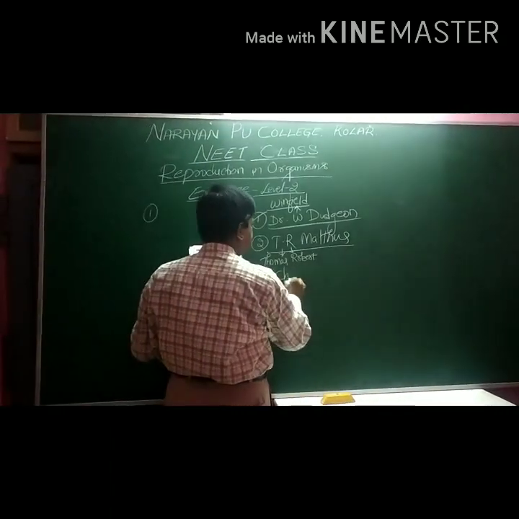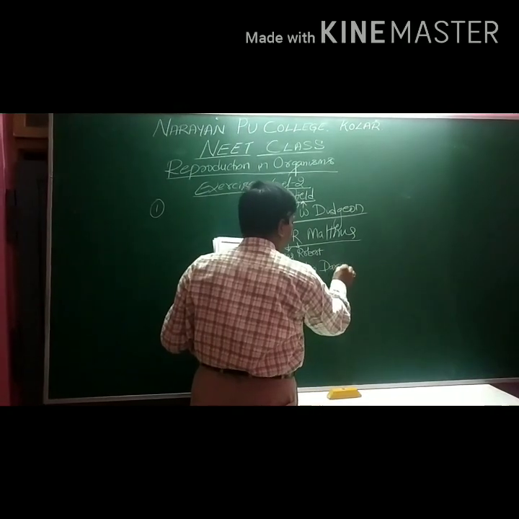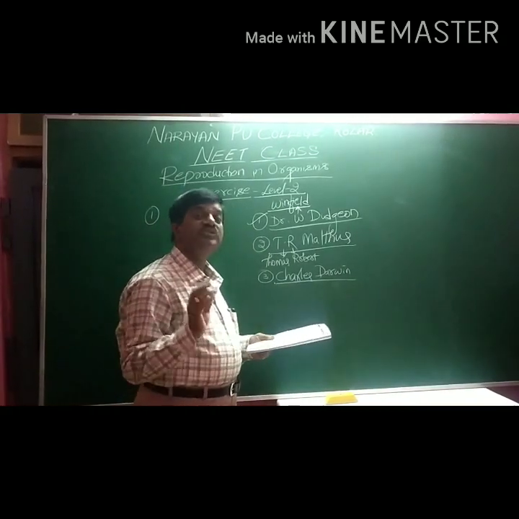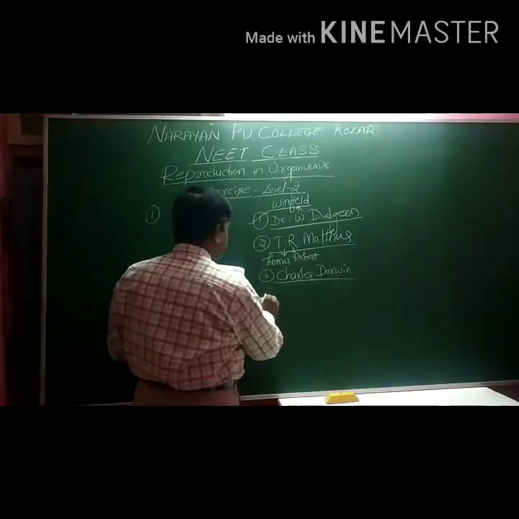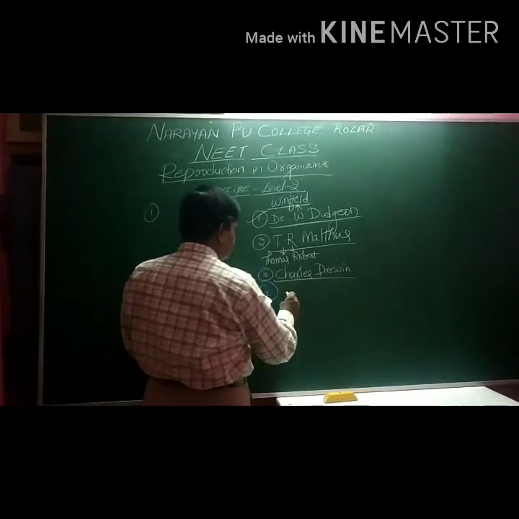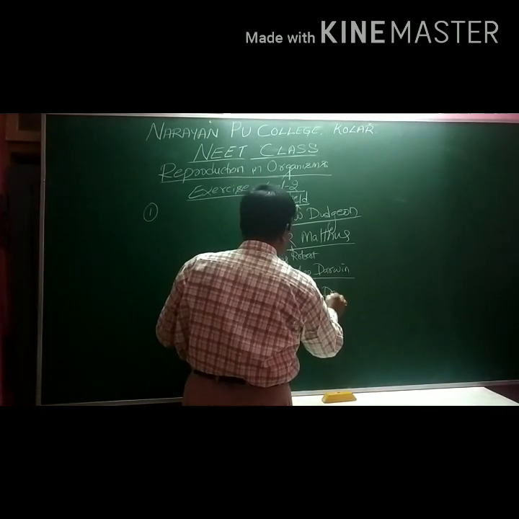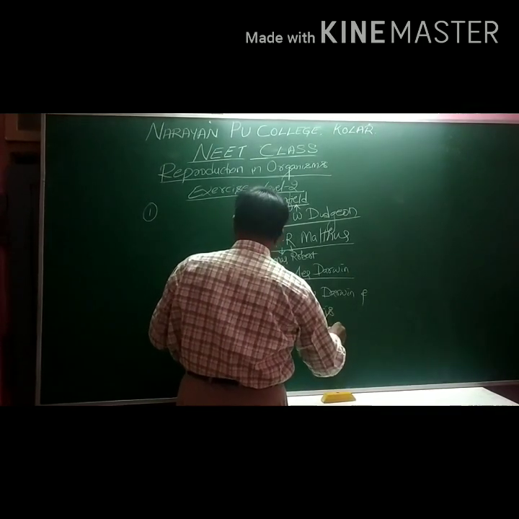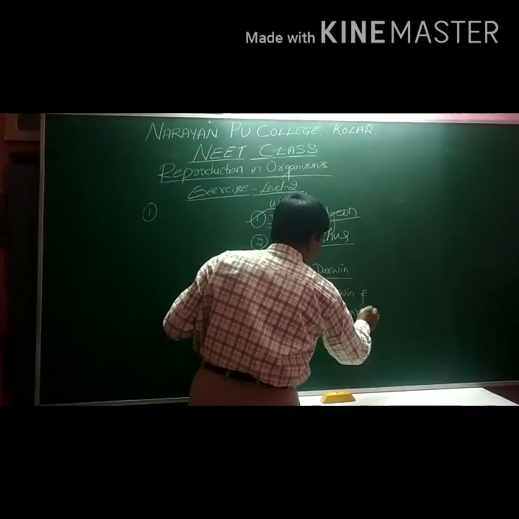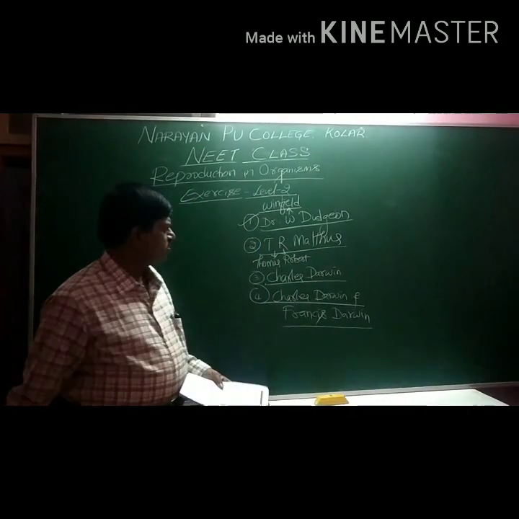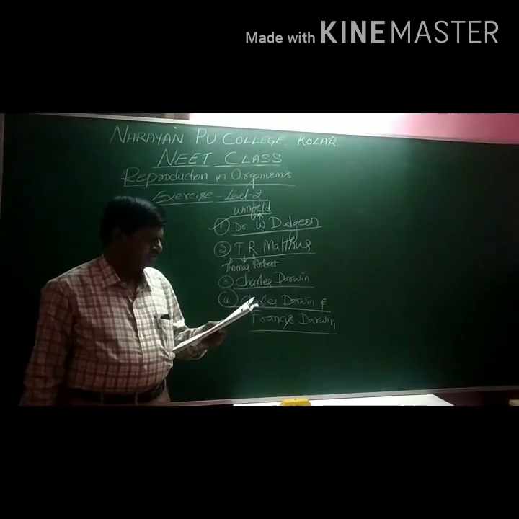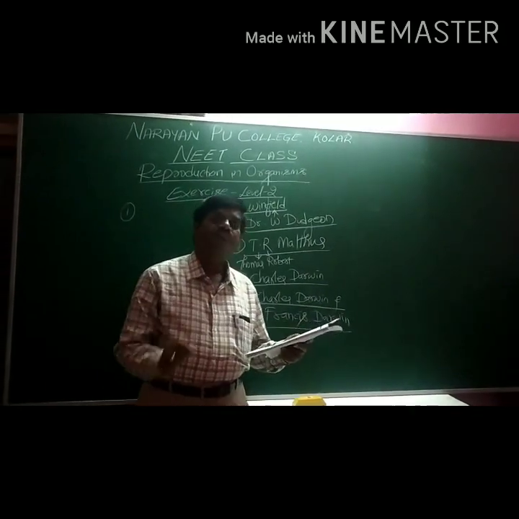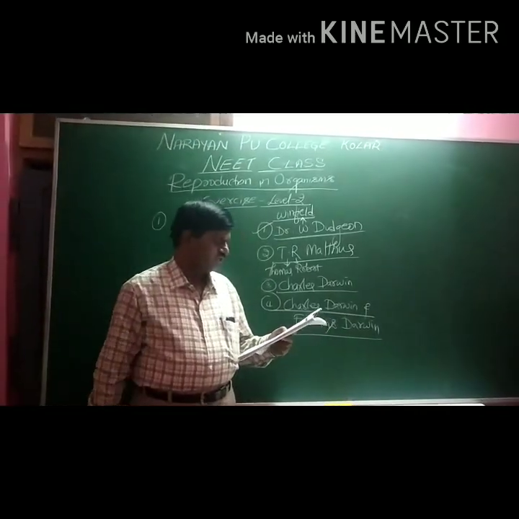Whereas the third person, Charles Darwin, is well known as the father of evolution. And the fourth one, Charles Darwin and Francis Darwin, these two persons come under evolution. So here the right option is the first one.